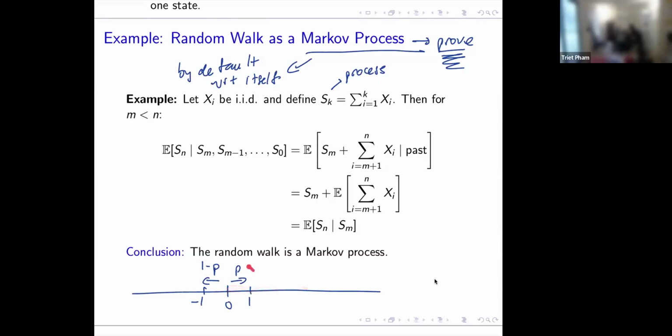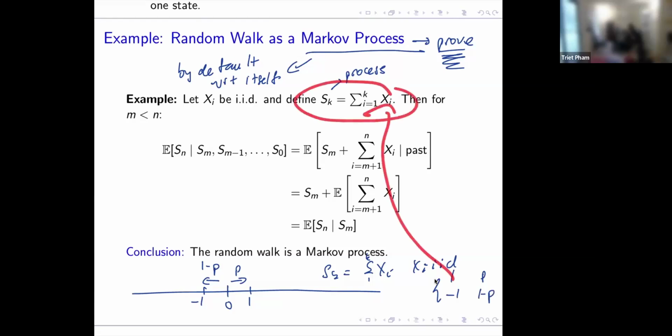The example we're writing here is exactly the random walk, where the Xi are IID with value 1 with probability P and minus 1 with probability 1 minus P. Random walk in general is like that, where the X is now a step size. You don't have to step 1 or minus 1; you can step with other possibilities.